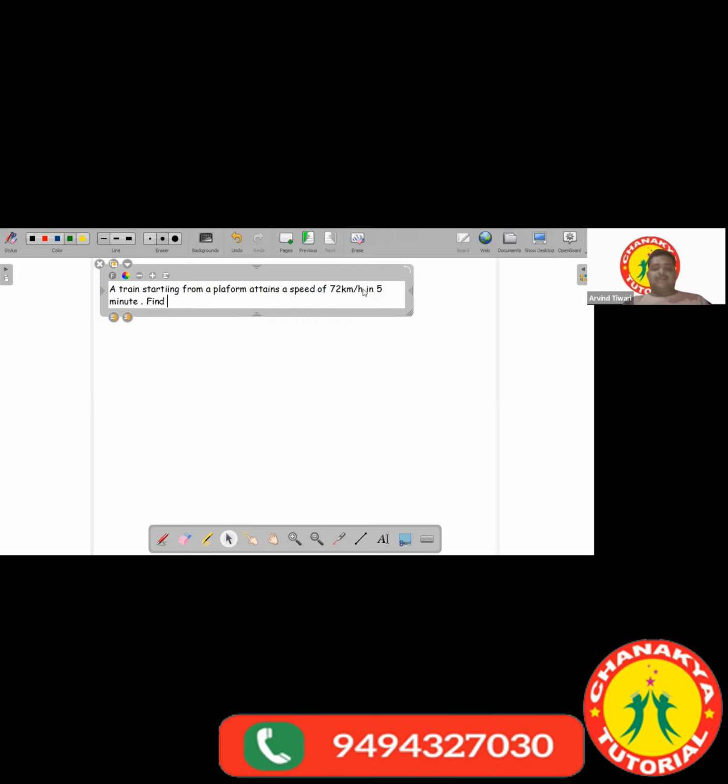Find the acceleration. So you have to find the acceleration. Starting from a stationary position, let it be. Let me clarify more. Your answer will not change.